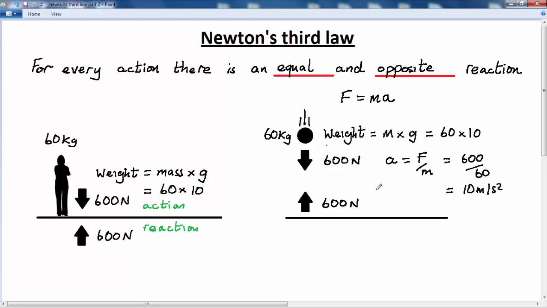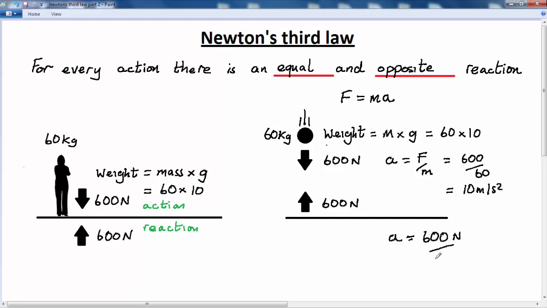Now at the same time, the Earth also accelerates towards the cannonball, and the acceleration of the Earth is equal to the force of the cannonball that's pulling on the Earth, which is 600 newtons, this equal but opposite force, divided by the mass of the Earth.